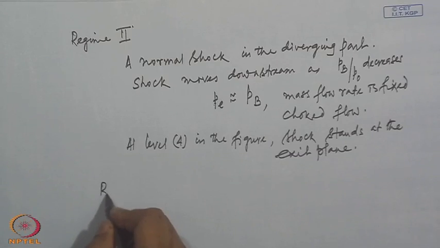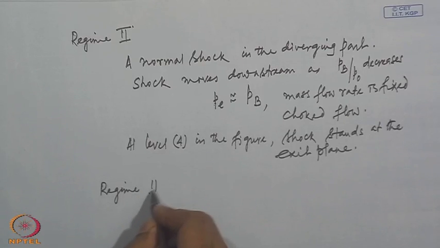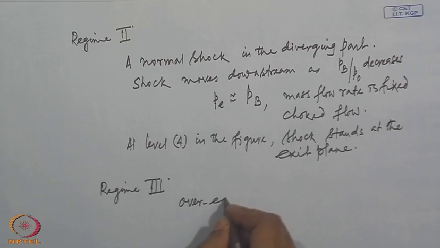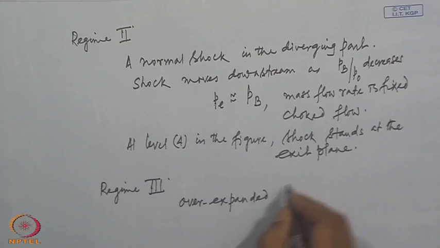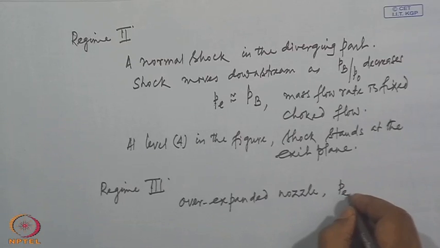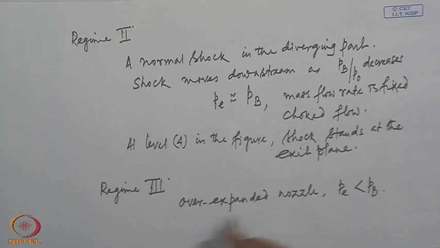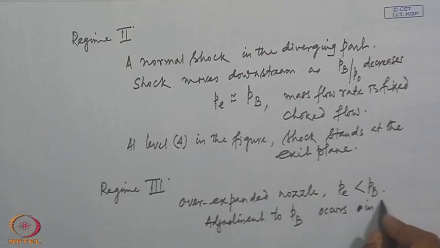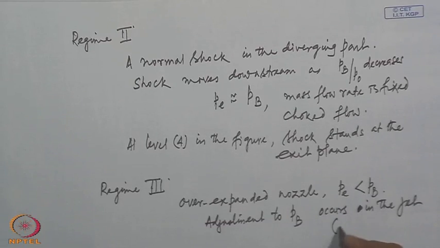So, in regime 3, these are over expanded nozzles, and adjustment to P b occurs in the jet, that is outside the nozzle.